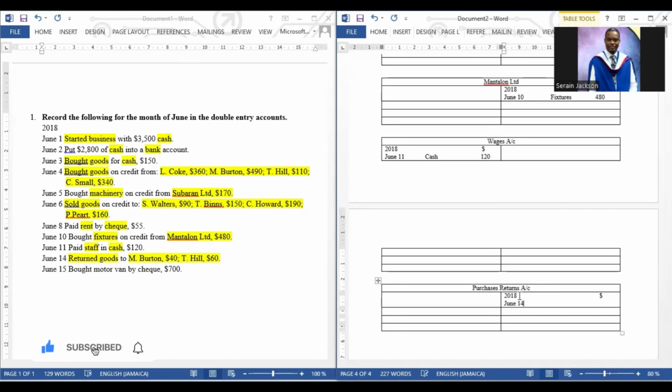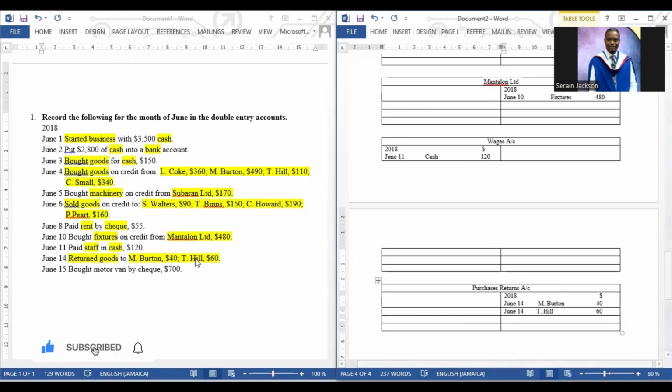So June 14, right? I have to put the name of the creditors now. So M. Burton, and that is what, $40. And June 14, T. Hill, and that is $60.